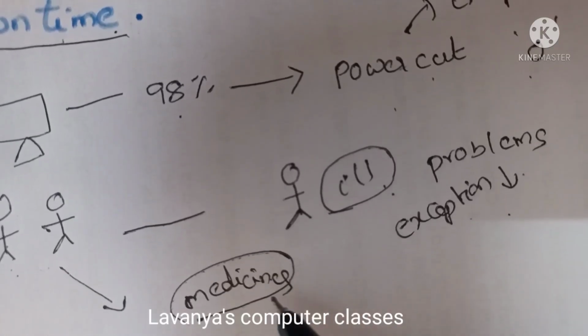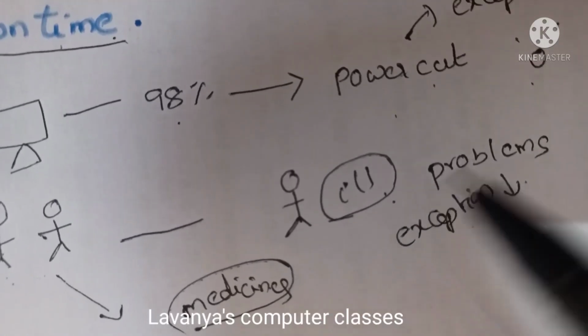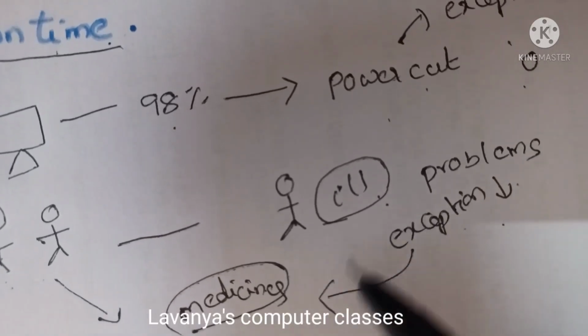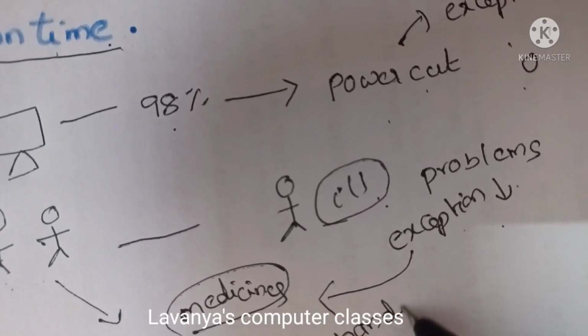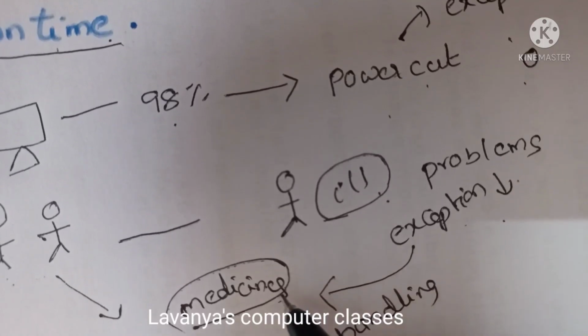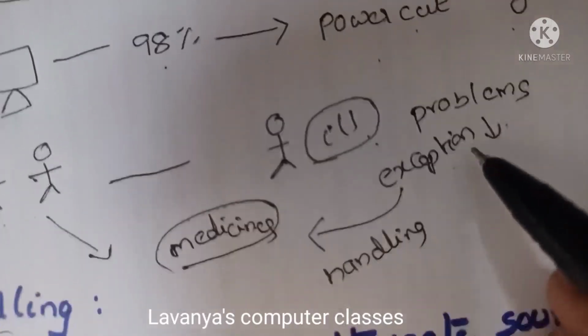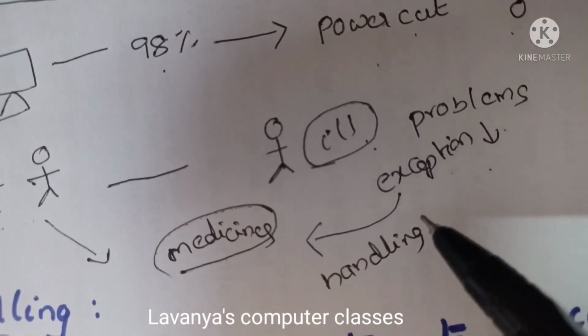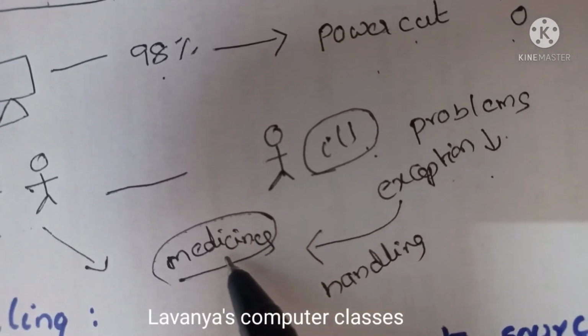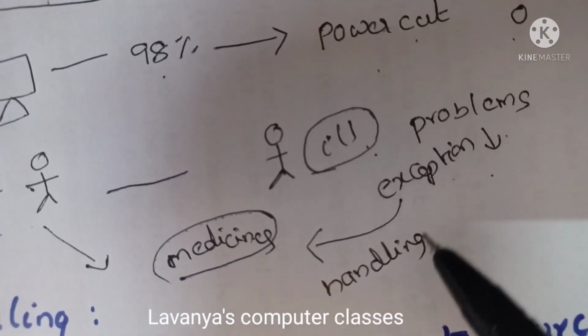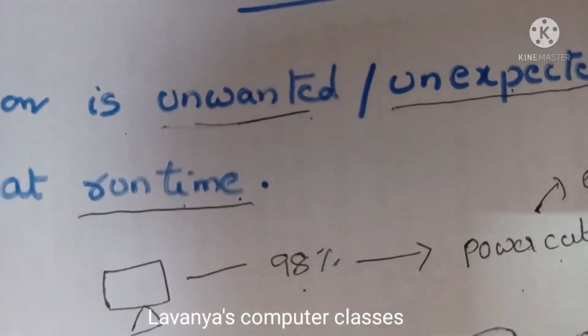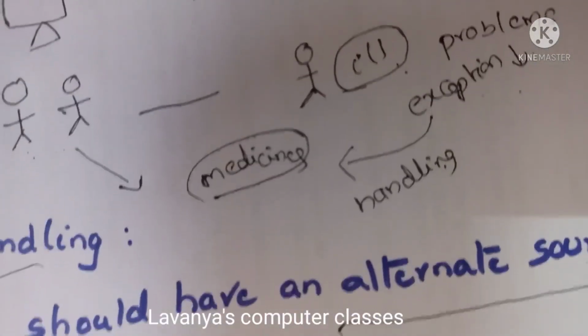If you keep them like this, that is called exception handling. That means we find out beforehand that because of this person or this situation we may get a problem, so how can we handle it? Before only, think about it and keep medicines ready. So this is an exception and this is called exception handling.